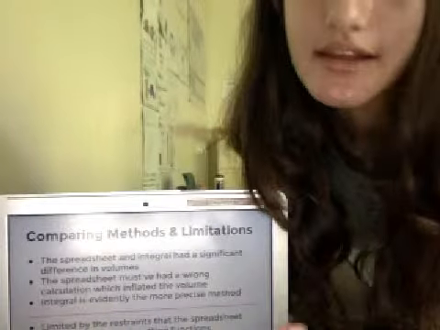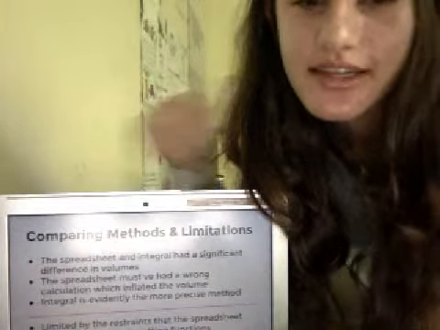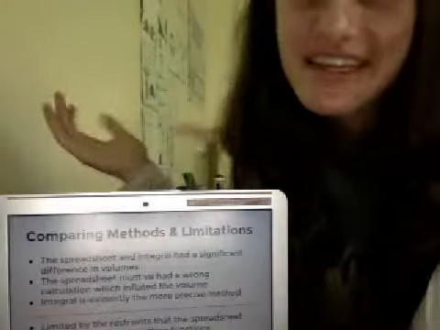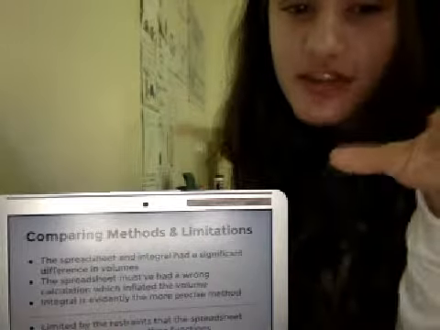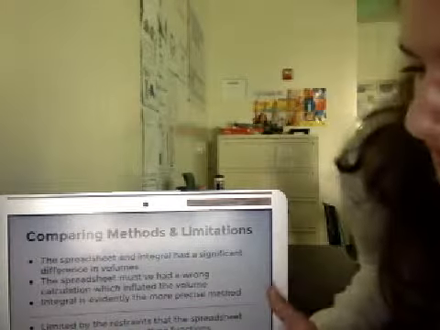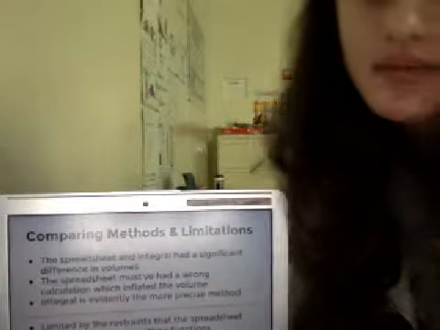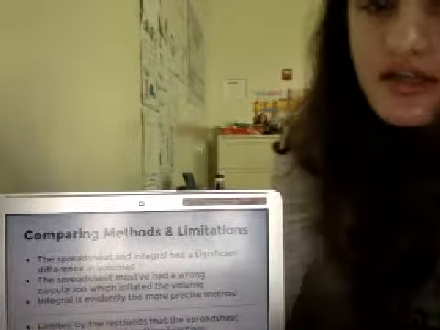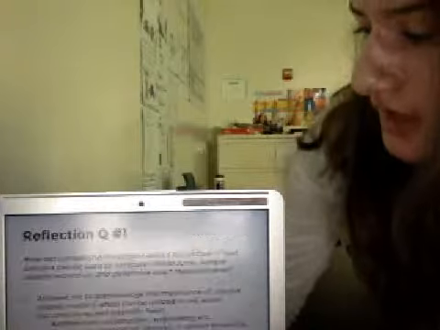I'm sure I made a little wrong calculation, so then it created a chain reaction, which made an inflated volume. And the integral evidently had the more precise volume, and I was limited by the restraints that the spreadsheet holds in regards to inputting functions, I believe.